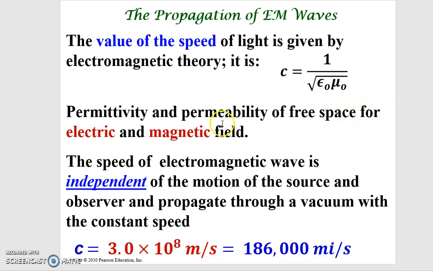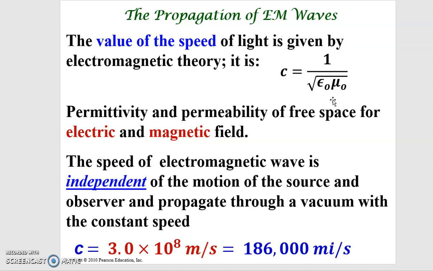And mu naught is the permeability of free space for the magnetic field, which you see when we study the formula for the magnetic field. So you'll find the speed of light, which is the speed of EM waves, is determined by the parameters of the electric field and magnetic field together simultaneously, not separately. This also tells you that EM waves are made of the electric field and magnetic field.